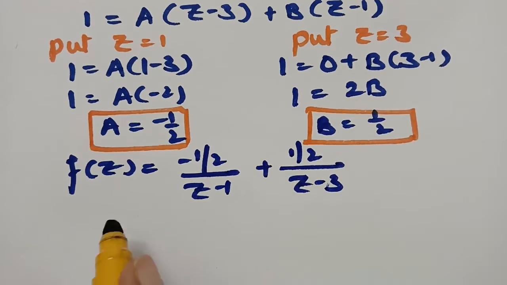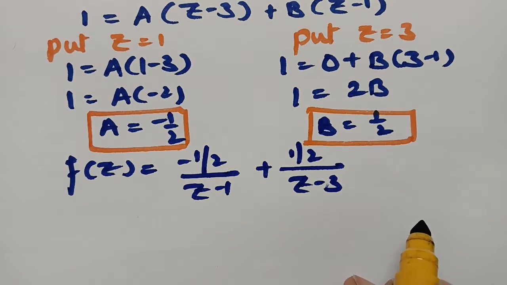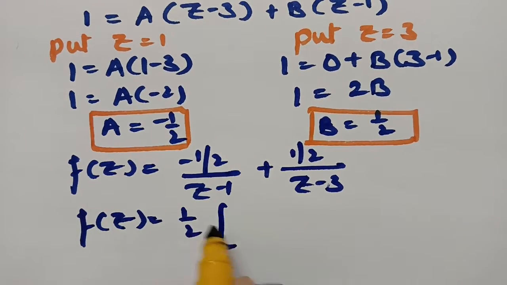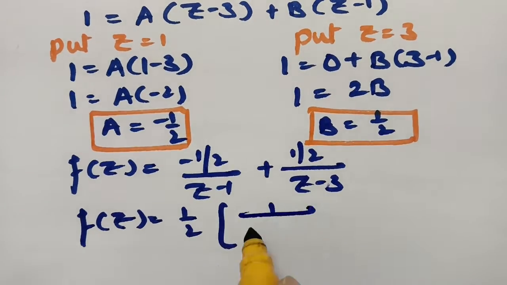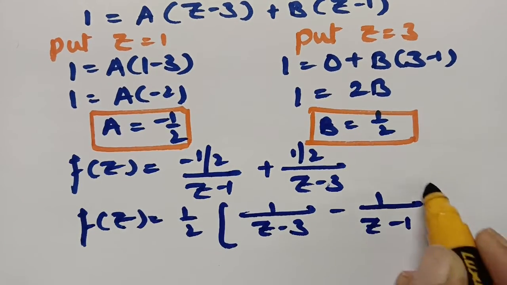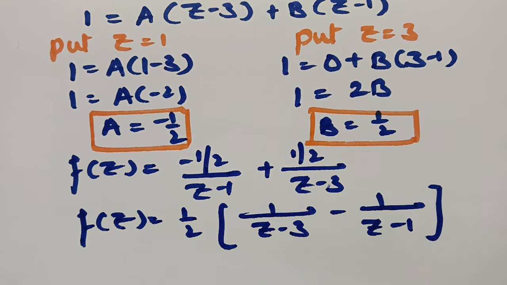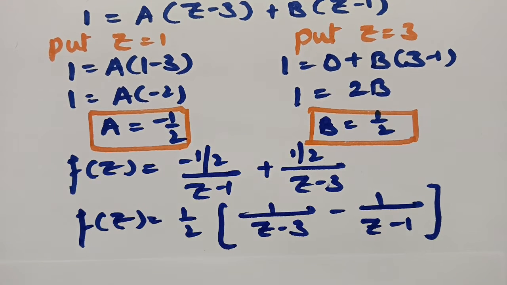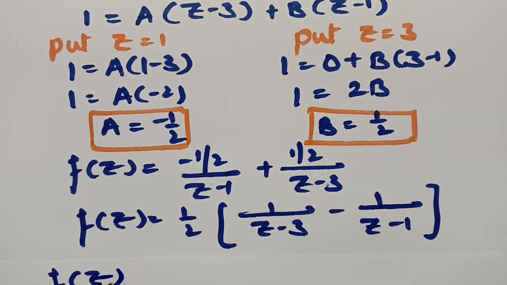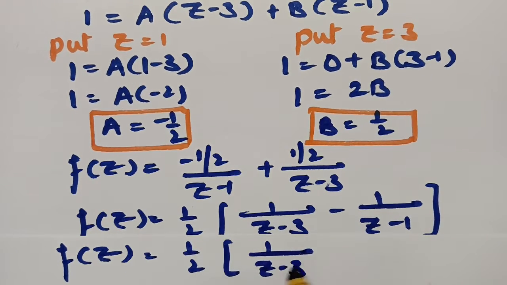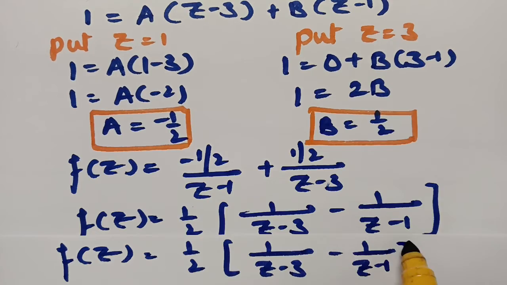After substituting, our f of z value is this one. If I take half common, I write z minus 3 minus z minus 1. So our function is f of z equals half times of 1 by z minus 3 minus 1 by z minus 1.